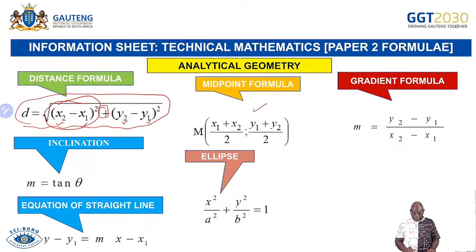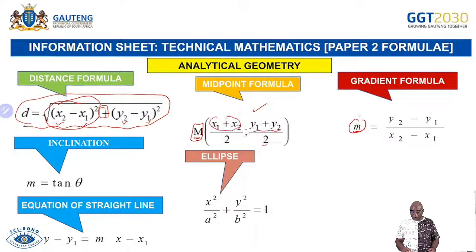The next one is the midpoint formula, which sometimes we confuse with that m. This is the m without the equal sign, which has x1 plus x2 over 2. We need the middle point between the 2 points x1 and x2, and then y1 plus y2 all over 2.